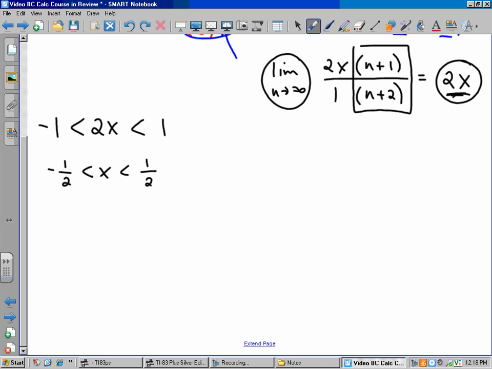Now for the ratio test, you must test the endpoints, because the ratio test is inconclusive at the endpoints. The ratio test is inconclusive when the limit equals 1, whatever answer you got for the limit.